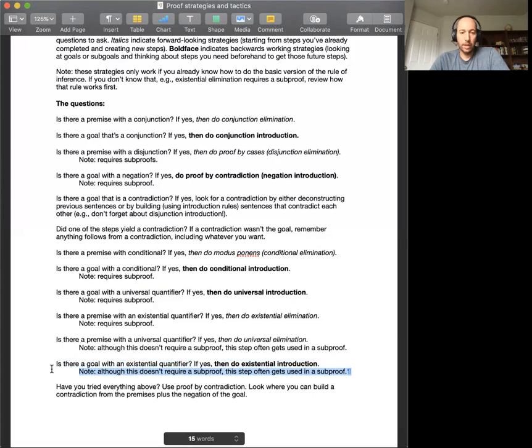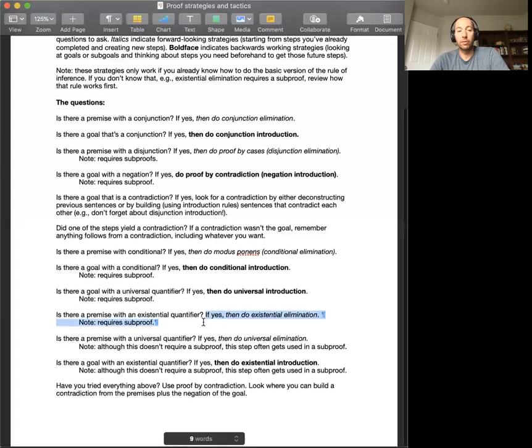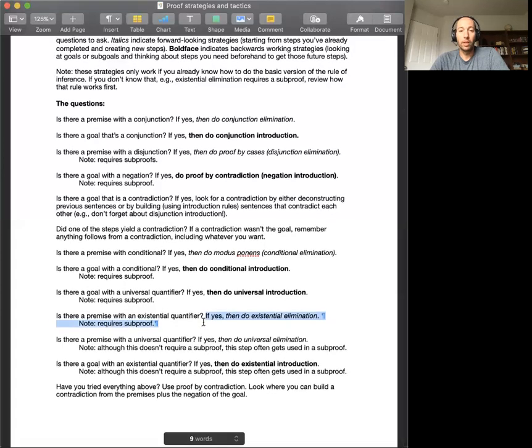So again, don't skip to this strategy if you haven't already asked the questions and used the strategies above as appropriate. So I'm going to walk through this document going over some examples for proofs so that you can see how these questions and strategies apply to more complicated cases.